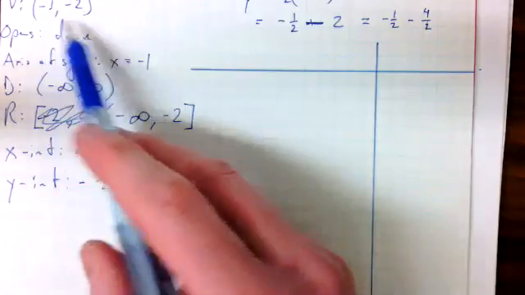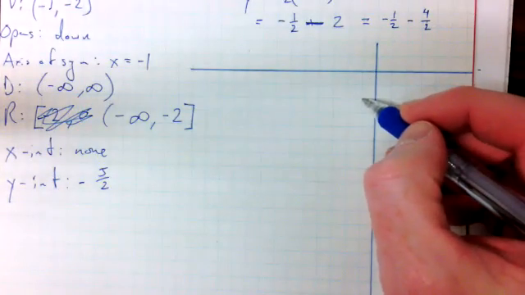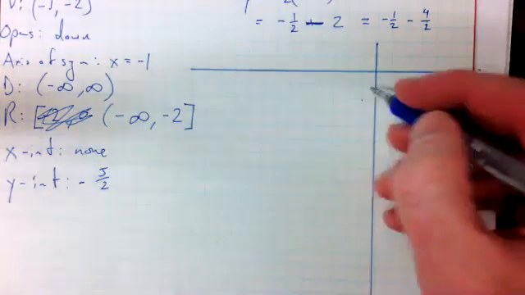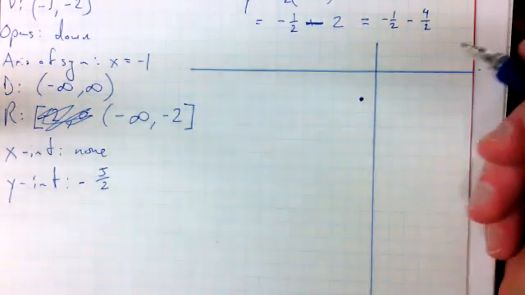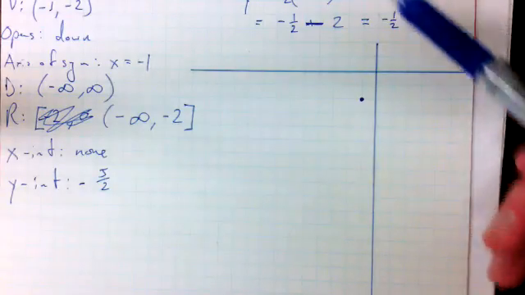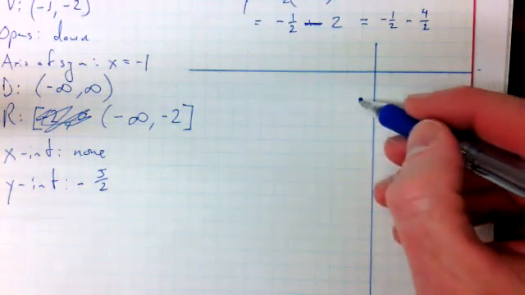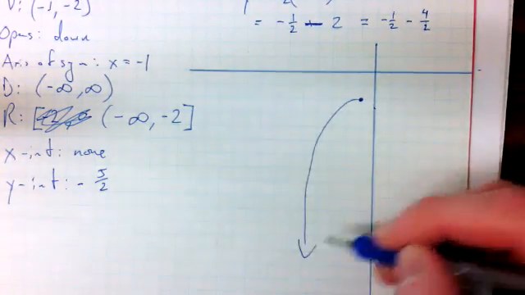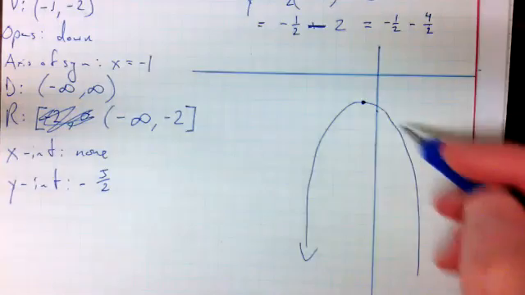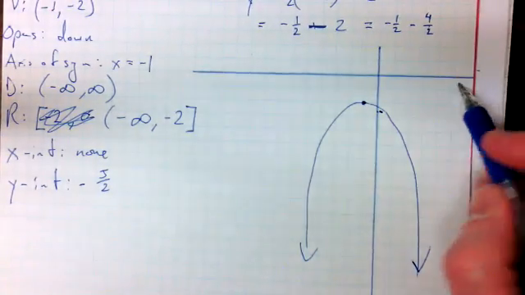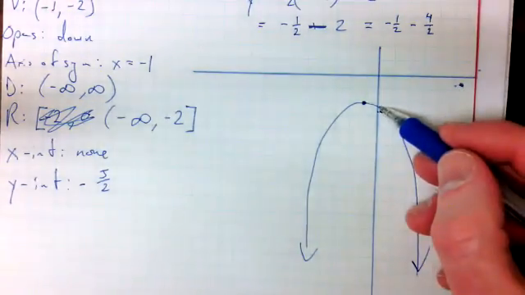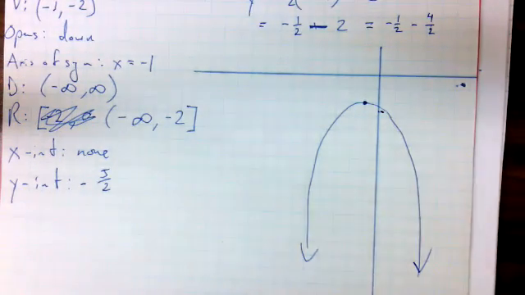The vertex, remember, is -1, -2, right here. The y-intercept is -2.5. So that's like here. And I missed it. Use a pencil. It's close. And there you go.